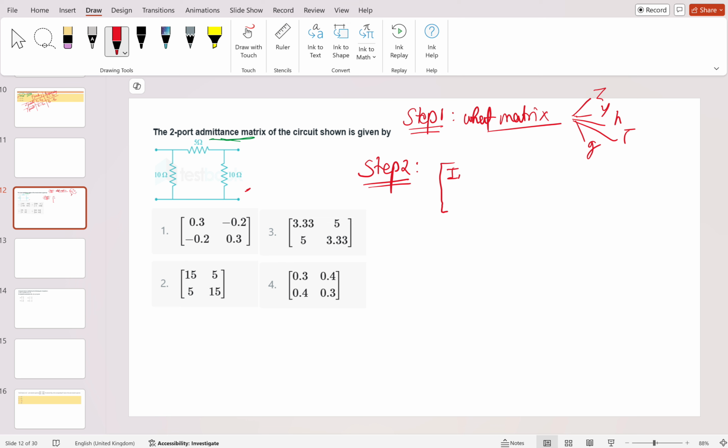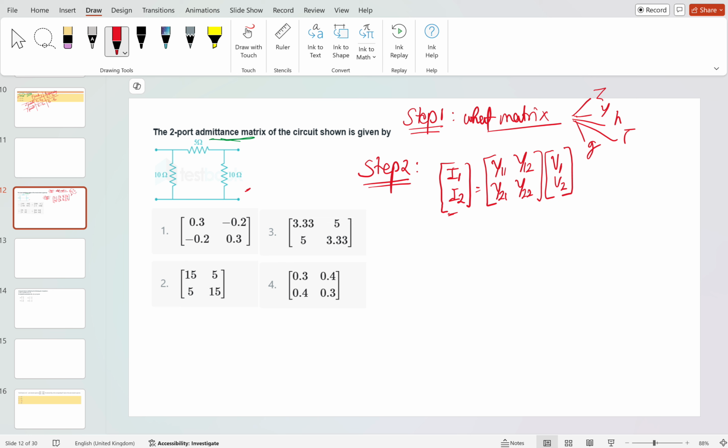Input variables here are I1, I2, equal to the matrix Y11, Y12, Y21, Y22 times V1, V2. Okay, so this is the second step. You have to remember what kind of matrix you want to find out, first step. Second is what the input variables are and what the output variables are. So here the input variables are I1, I2, and the output variables are V1, V2.